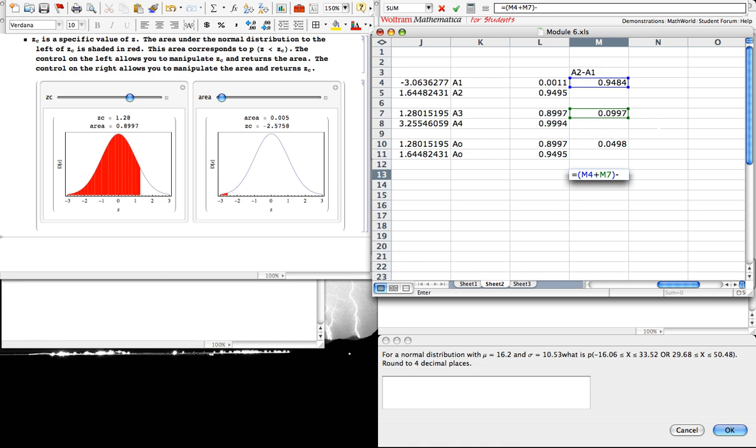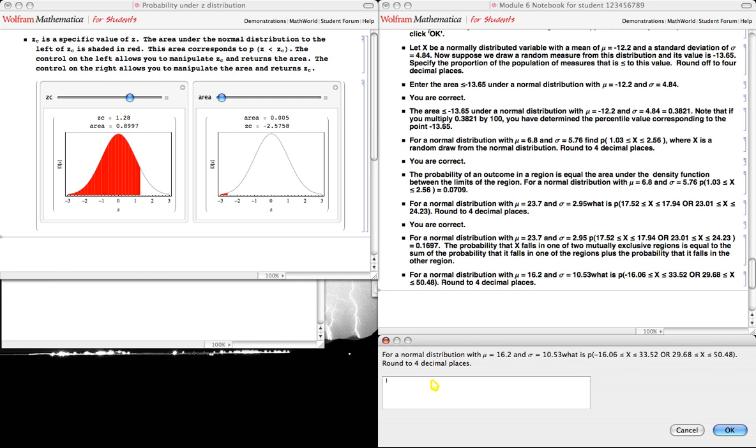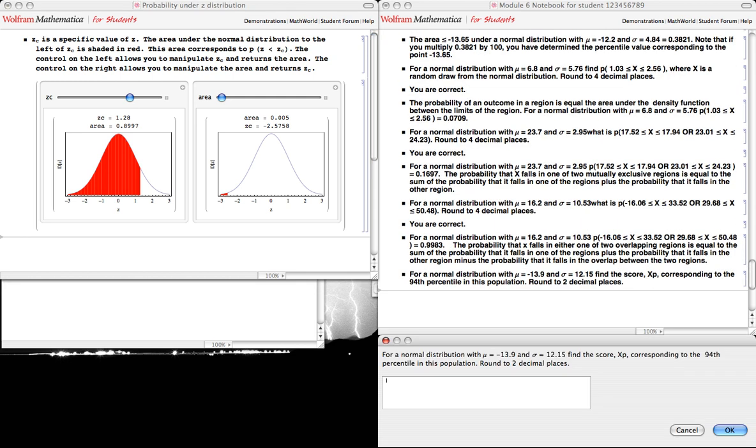Wait a second, hold on a second, there's something wrong here. Well, I guess it sort of makes sense. And this is the probability of ending up in area 3, so that's the total value I end up with. Now let's hope this is correct. Okay, so it was correct. It just looked a little odd, but that's exactly what the area is.